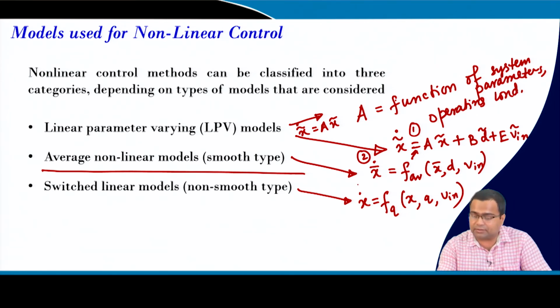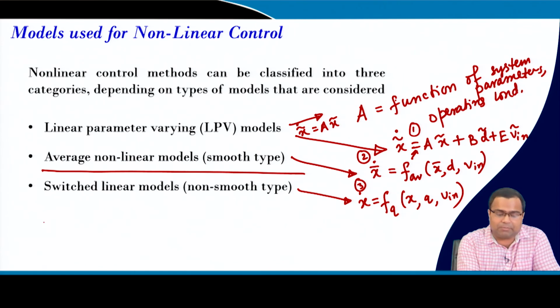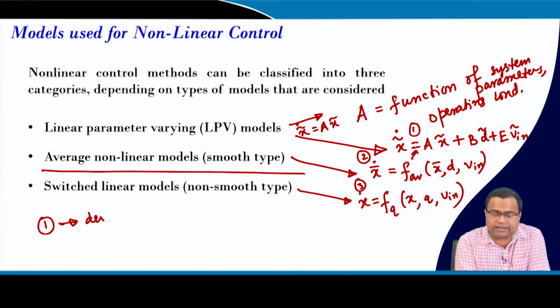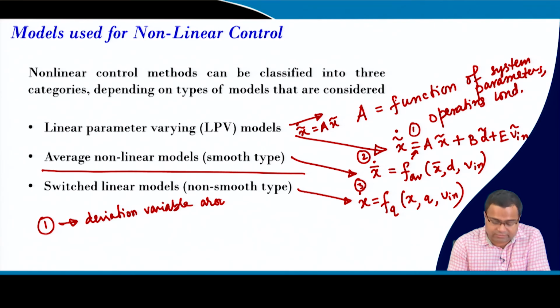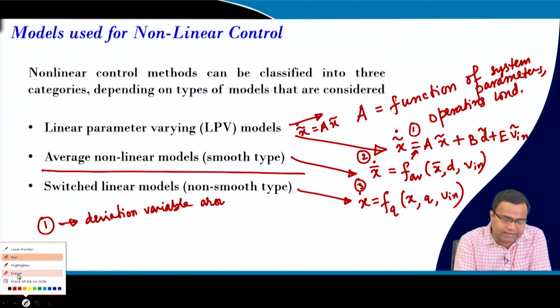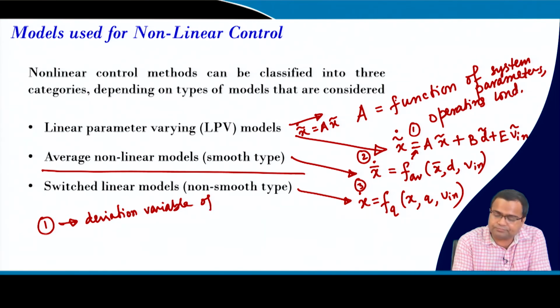So, there are certain perspectives. Model number one considers only the deviation variable, the deviation variable of x average around x steady state.